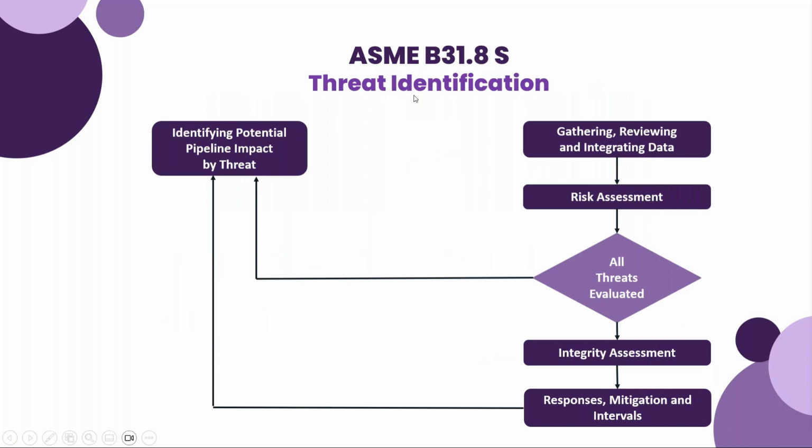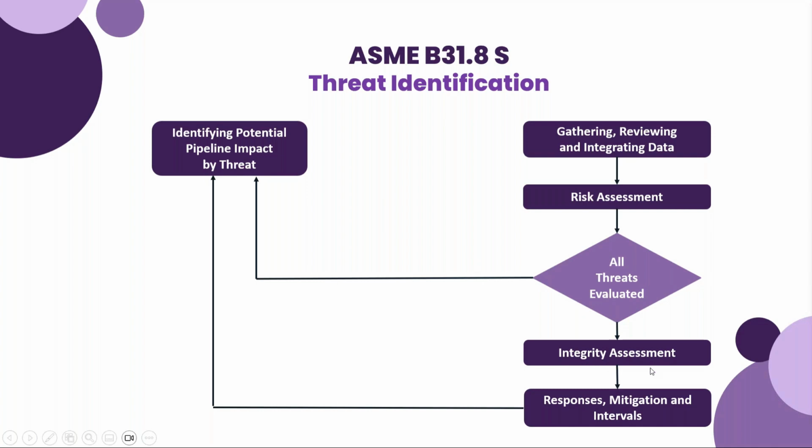Threat identification. 22 threats. Which ones are we after? Gathering, reviewing, and integrating data. What about the risk? Is the risk program detecting what threat or threats need to be looked at? Are they evaluated? We need to identify the potential impact by the threat, and so on and so forth.